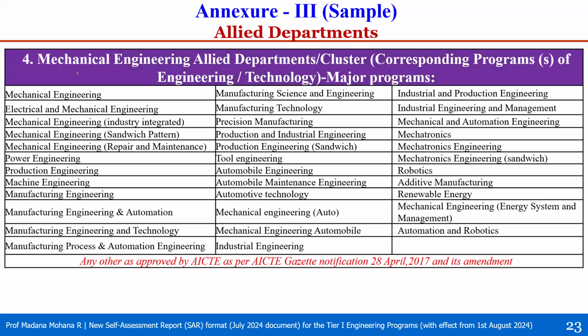Then another example, mechanical engineering: allied departments are cluster corresponding programs of engineering: mechanical engineering, manufacturing science and engineering, industrial and production engineering, etc. Manufacturing engineering and automation, mechanical engineering auto, mechanical engineering energy systems, manufacturing engineering technology, mechanical engineering automobile, automation and robotics, industrial engineering, manufacturing process and automation engineering, etc. These are all the samples given by the NBA as per the AICTE.